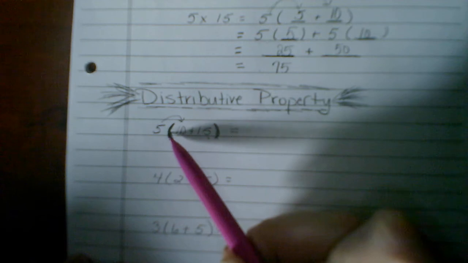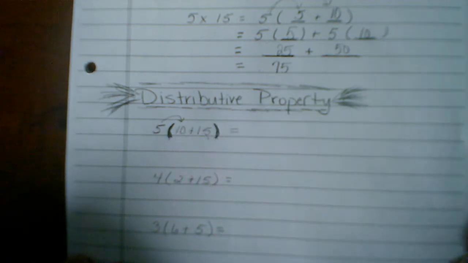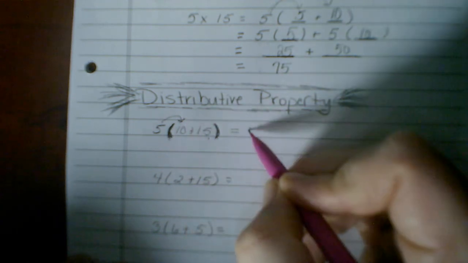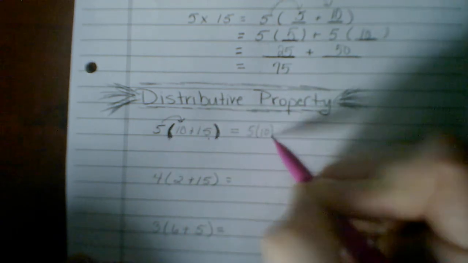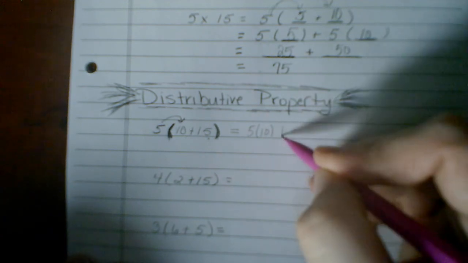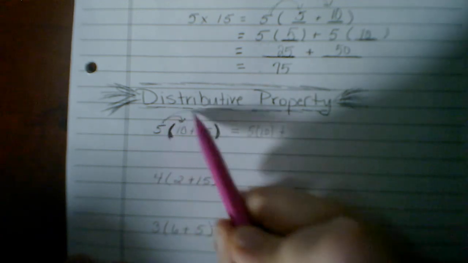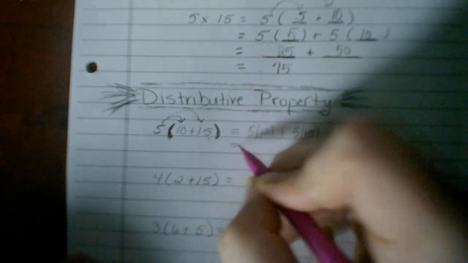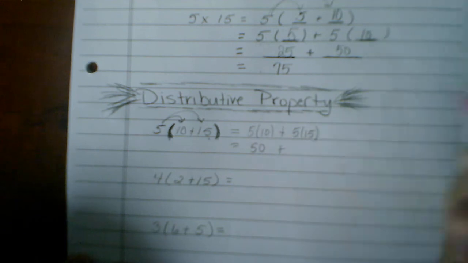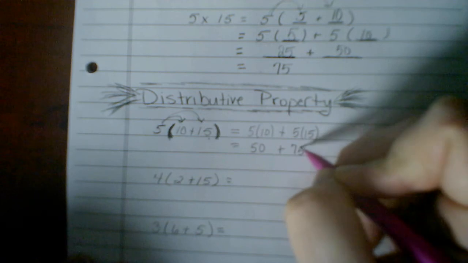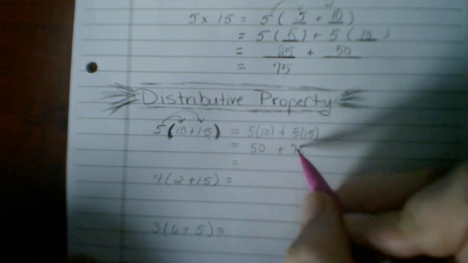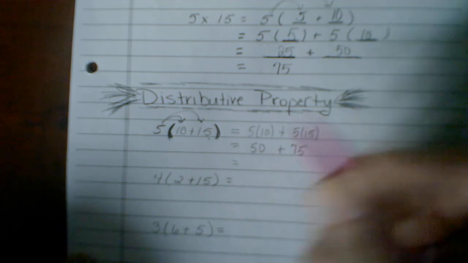So 5 times the quantity 10 plus 15. Okay, our first step is to do 5 times 10. We bring our plus sign over, and we do 5 times 15. We come up with 50 and 75. So we add 50 and 75, which comes up to be 125.